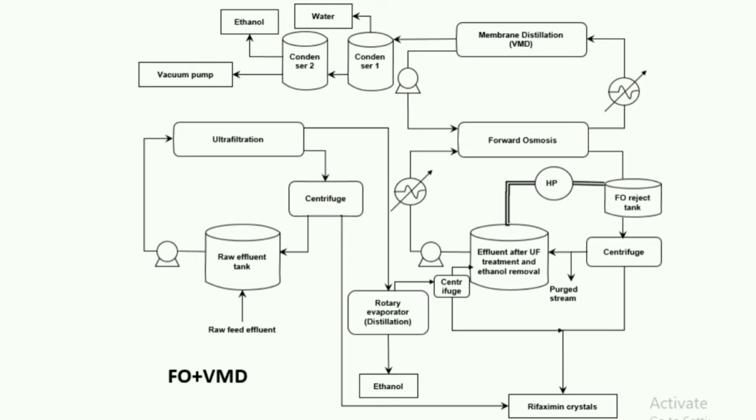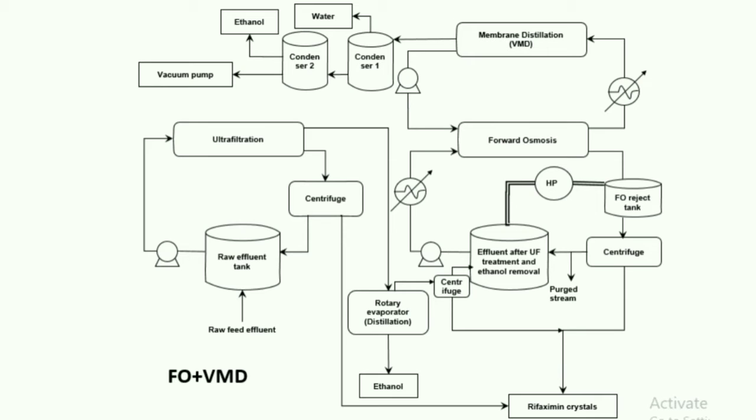Here the solvent is passed through the UF membrane, and then after the permeation of the UF, it goes to the rotary evaporator to remove the ethanol, and then the distillate is the concentrated effluent solution.